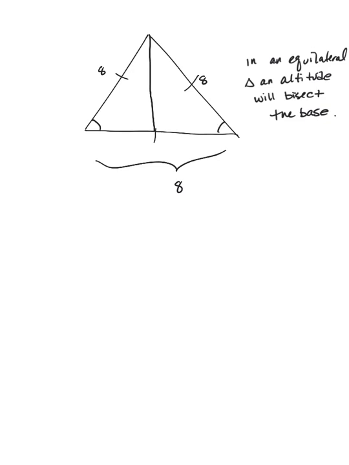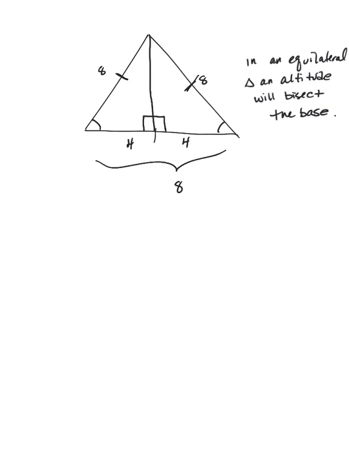And then an altitude gives you right angles. These sides are congruent. So by angle, angle, side, you could prove the triangles are congruent. And since the triangles are congruent, these must each be the same, which would stand to reason that they're each half of 8, which is 4 and 4.